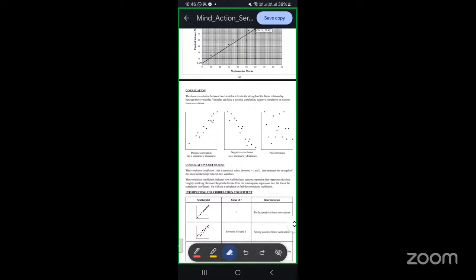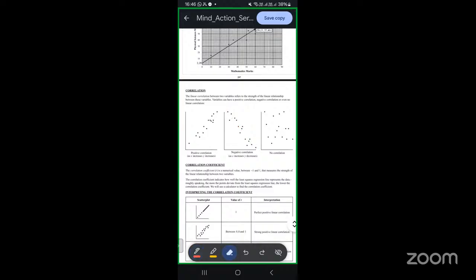Okay, so we have something here. If your data after you plotted it gives you something like this, that is a positive correlation, an increasing line, just like the one we did up there. And if it's like this, the negative gradient or decreasing trend, that is a negative correlation.